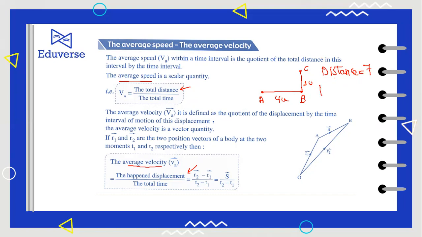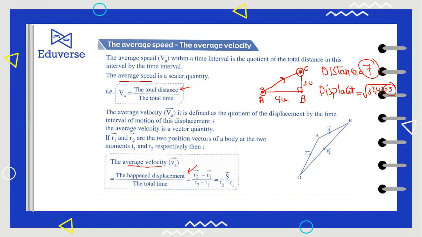But the displacement is the distance between the starting point and the end point, between the first point and the last point. Here, from Pythagoras, I can find the length of AC equals root of 3 squared plus 4 squared, which equals 5 units. Then the distance is 7 units, but the displacement is 5 units. That's the difference between distance and displacement.